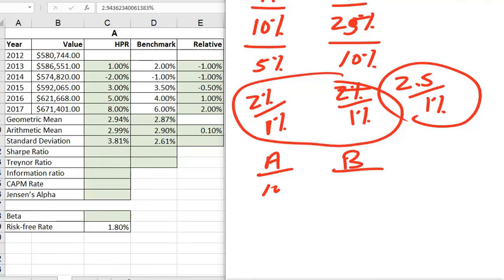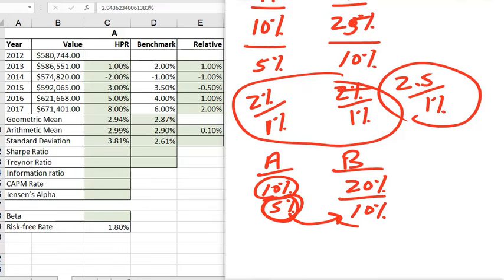We have 10% per 5% standard deviation, and this one is 20%, going back to the original example, given 10% standard deviation. One way we can do that is simply adjust this return to reflect if this standard deviation matched that standard deviation.